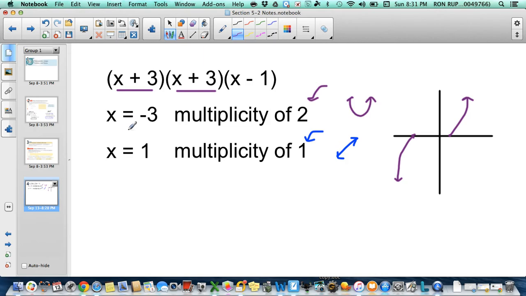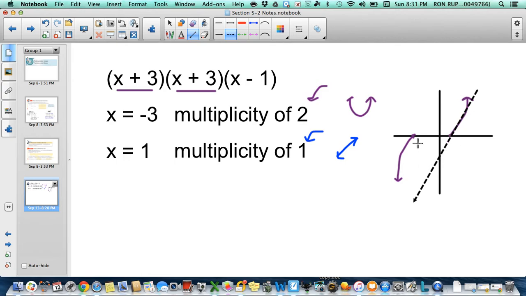But what I know is at negative 3, it's going to act like a quadratic. It's going to act in a quadratic fashion. And then at 1, it's going to act in a linear fashion. And so I could draw a dotted line here through 1, and our graph is going to act in that linear fashion right here.